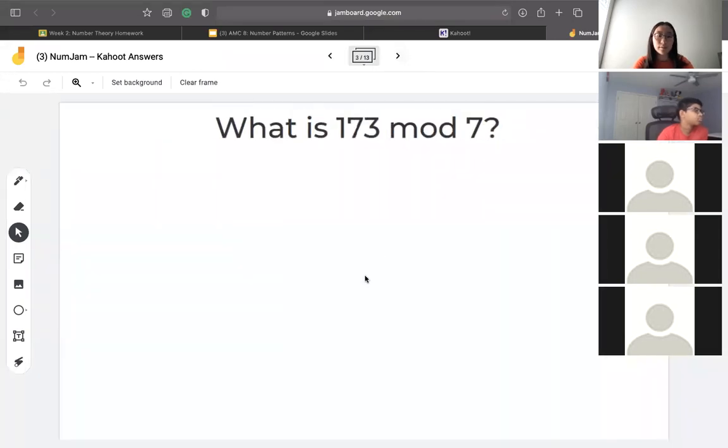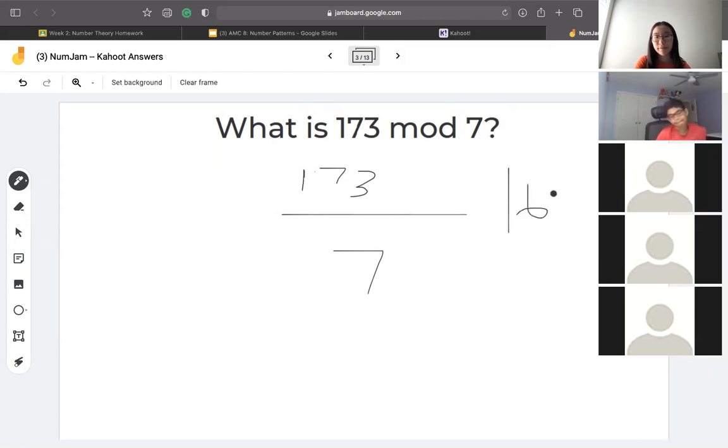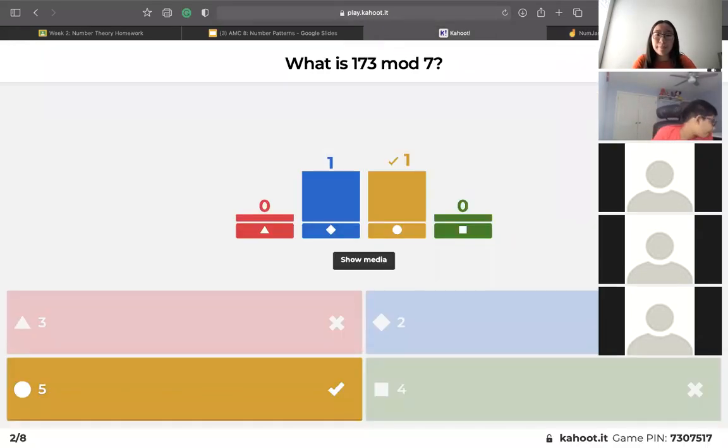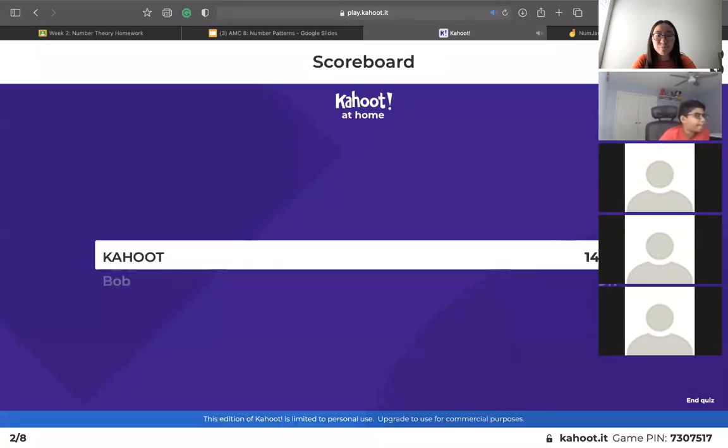So let's see, just for a quick explanation. So 173 mod 7 is just asking you 173 divided by 7, and then you need to find the remainder of that. So 173 divided by 7, you're going to have 24, remainder 5, because the closest multiple of 7 to 173 is 168. So your remainder is going to be 5. And remainder is what the modulus function is asking for.